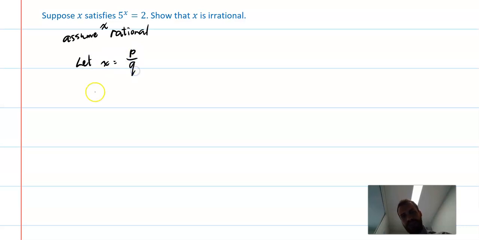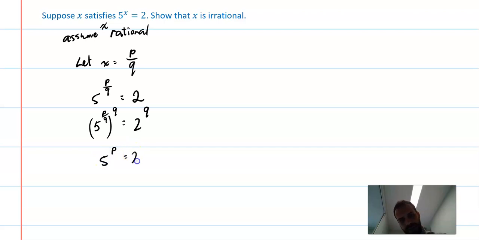So it feels similar to the last one, right? 5 to the power of p over q equals 2. Now, if I raise these both to the power of q, I'll get 5 to the power of p over q, to the power of q, equals 2 to the q. So those q's are going to cancel each other out. I end up with 5 to the p equals 2 to the q.